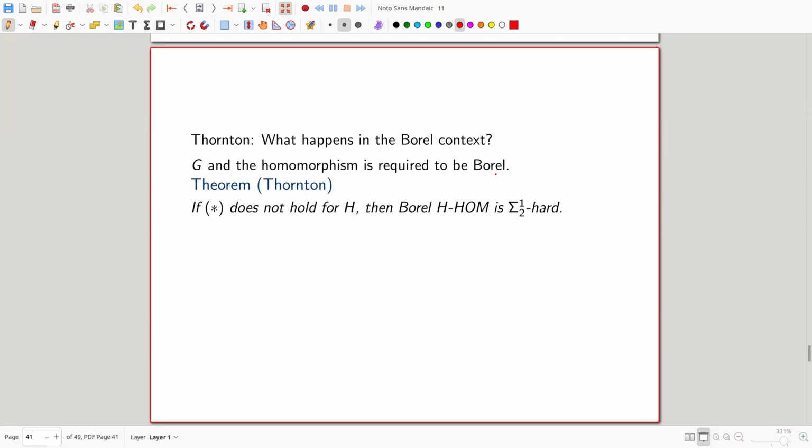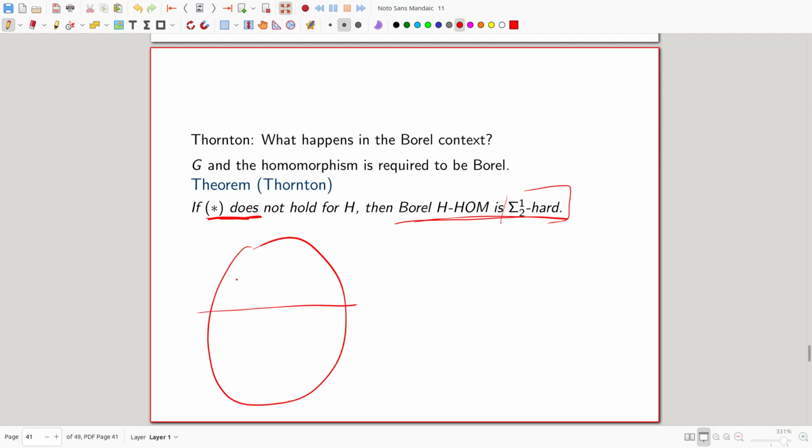Okay. And actually, Thornton managed to show that if this star fails, so this algebraic condition doesn't hold, so there are no non-trivial symmetries, then the Borel homomorphism problem is sigma 1 2 hard. Okay. So this means that if this is the big picture of all CSPs, then in the finite world, there are two kinds of CSPs. One kind is the NP hard ones.